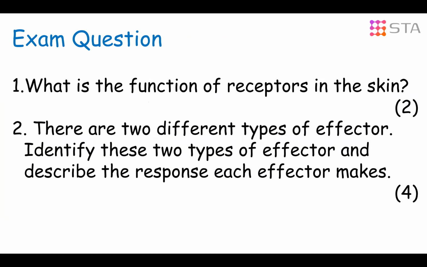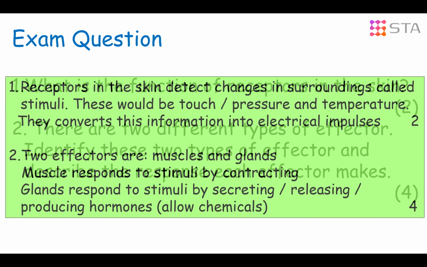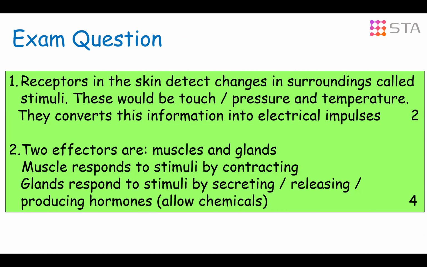The second question, there are two different types of effector. Identify the two types of effector and describe the response each effector makes. So the two effectors are muscles and glands. Muscle responds to stimuli by contracting.